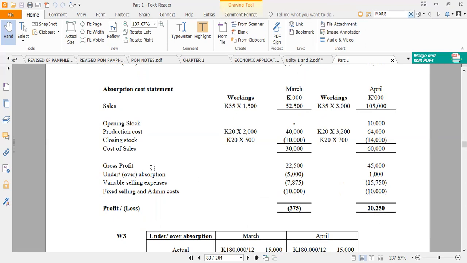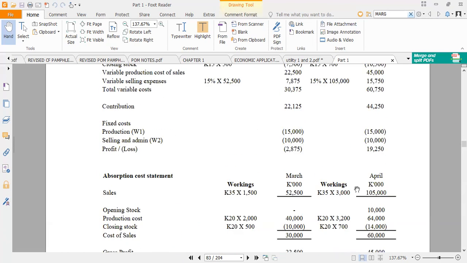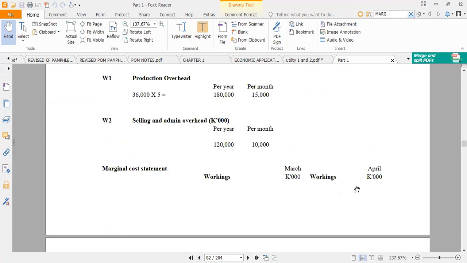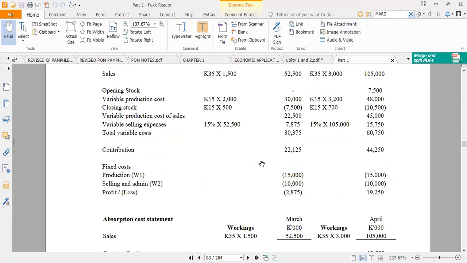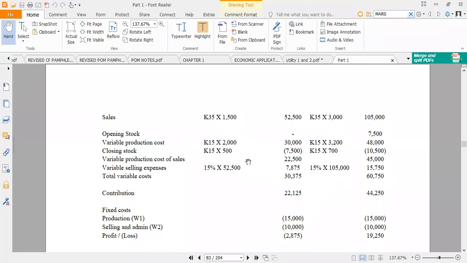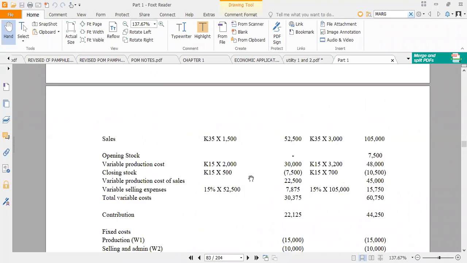So absorption costing looks at the full product cost, in terms of the variable costs and the fixed costs, the total product cost, both fixed and variable. That's why we have differences in the way they're computed between marginal costing and absorption costing. Under marginal costing, we have the term contribution, where we're looking at sales minus variable cost of sales.